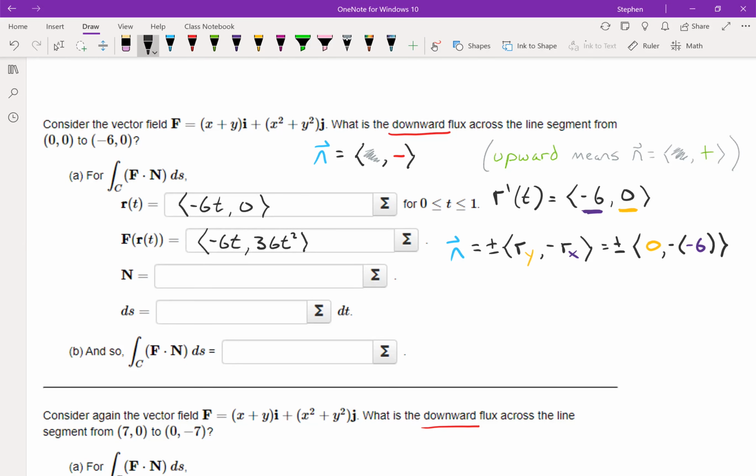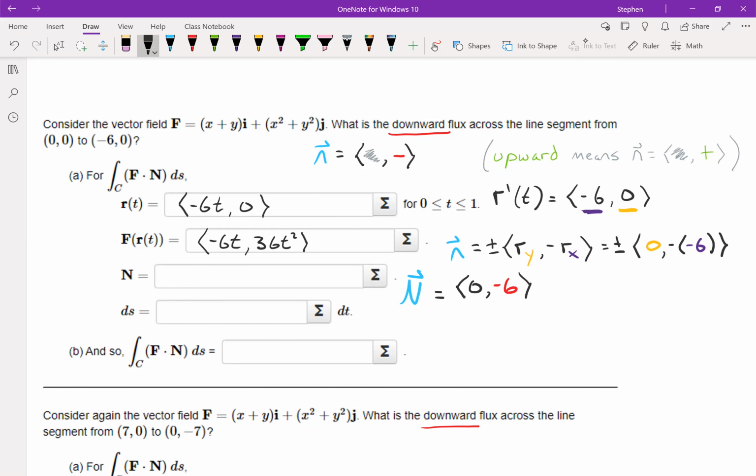So to get the normal vector that we actually want, which is the unit normal vector, I'm going to end up wanting to take (0, -6) from our options, because again, we want the downward flux.